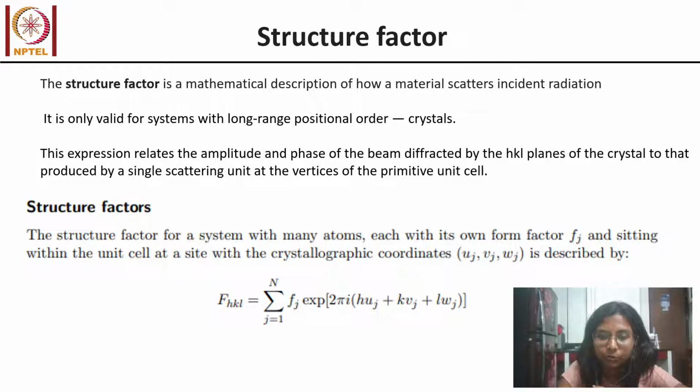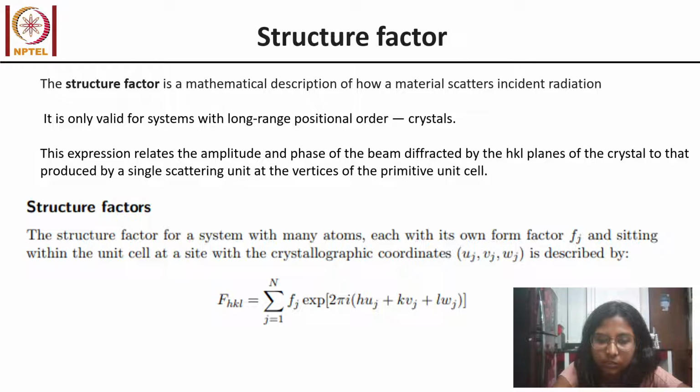Before we go into that, a quick recap. What we learned last week was a very important concept called the structure factor. The structure factor is nothing but a mathematical description of how a material scatters incident radiation, and it is only valid for systems with long range positional order.